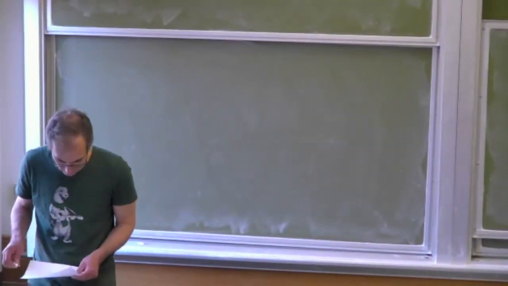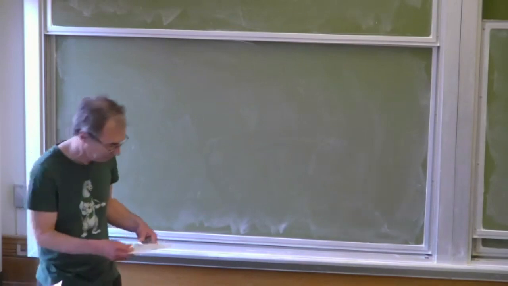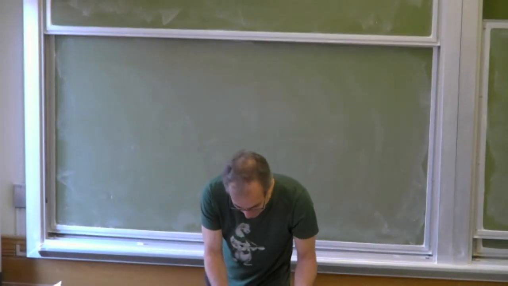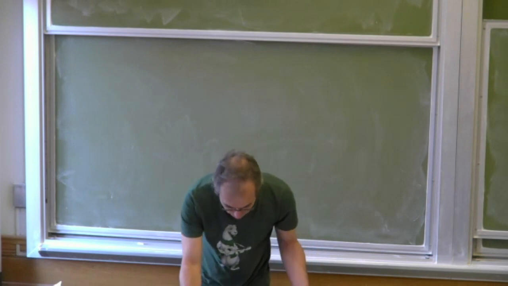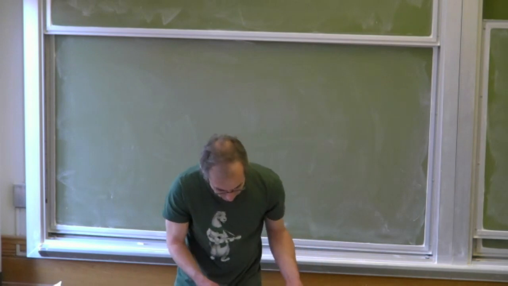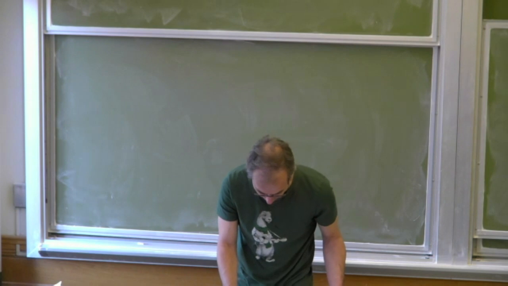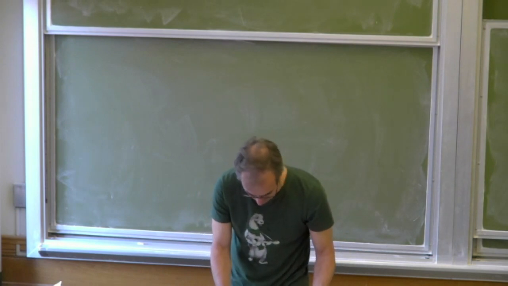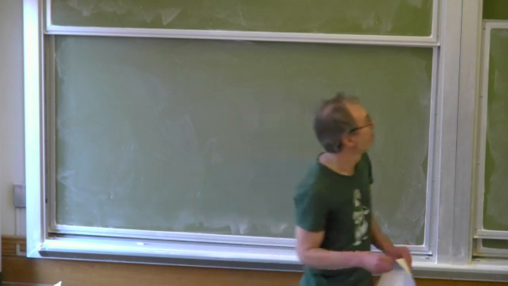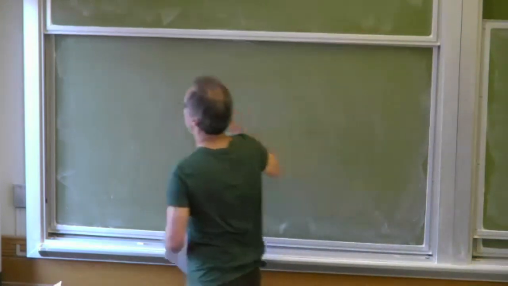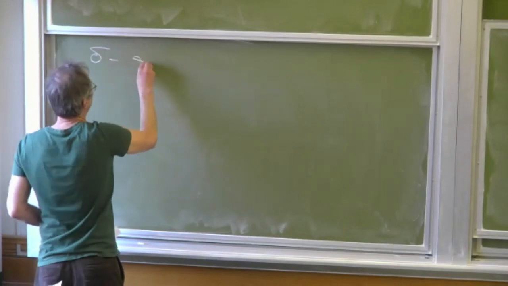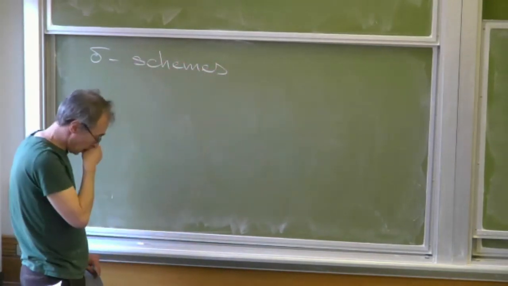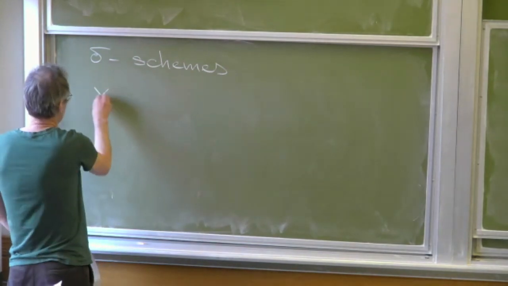So I want to say something non-trivial, and so I want to tell you about the theorem for sheared prismatization of delta schemes. So suppose X is a delta scheme.